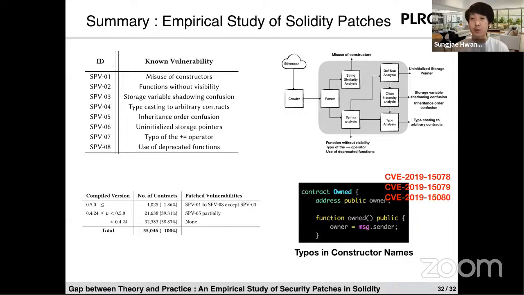That is one reason they do not use the latest Solidity compiler, and they may not understand the importance of using the latest versions of the compiler, because if they upgrade the compiler version, they have to test their code again. So they may not like this at first. So they keep on using the older versions of compilers for the reliability of their programs. It's my opinion, but I'm not 100% sure because that was not our research scope.